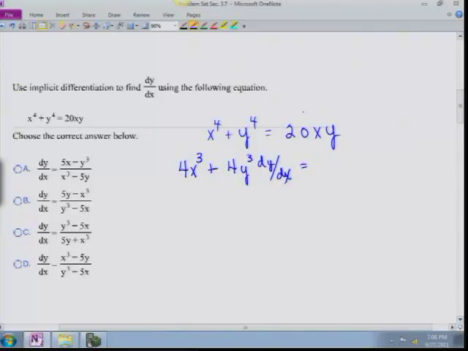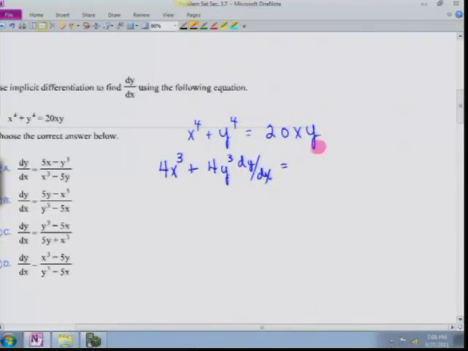Over here we do have a product. So we've got 20x times what? dy/dx, plus y times 20. Okay. Is that good? All right. So what do I need to do now?